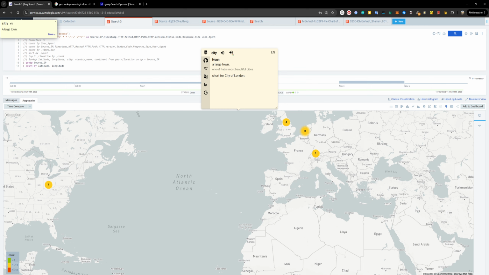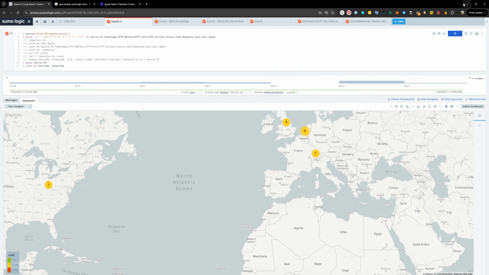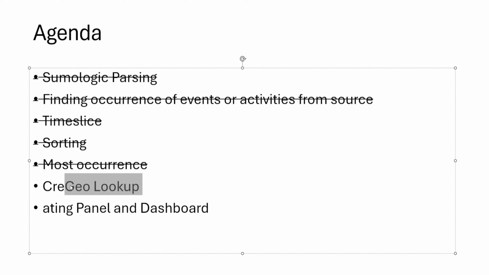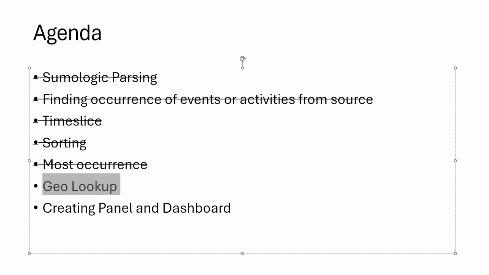So this covers our GeoIP lookup. So now let's move to creating panels.